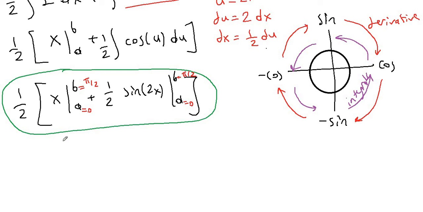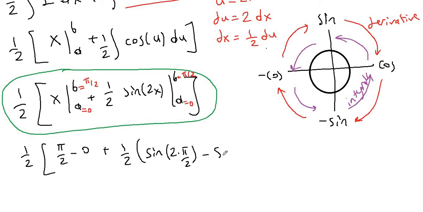So here, instead of x, we plug in pi over 2, and again, instead of x, we plug in 0. Upper boundary minus lower boundary. Plus 1/2 times, instead of x, we plug in pi over 2, minus, instead of x, we plug in 0.